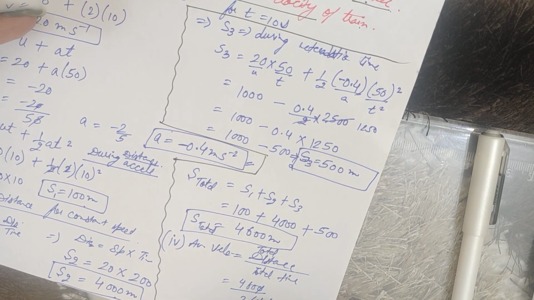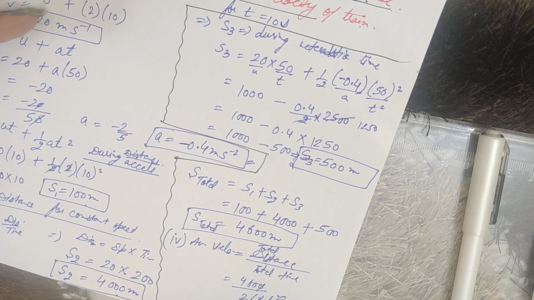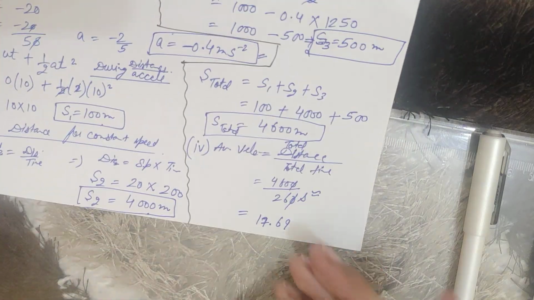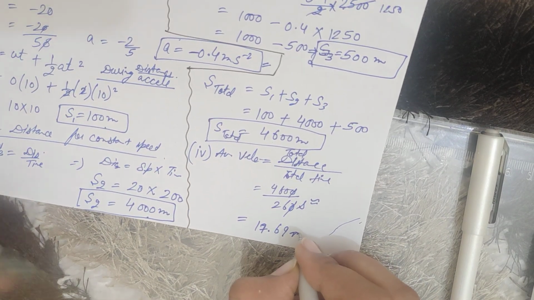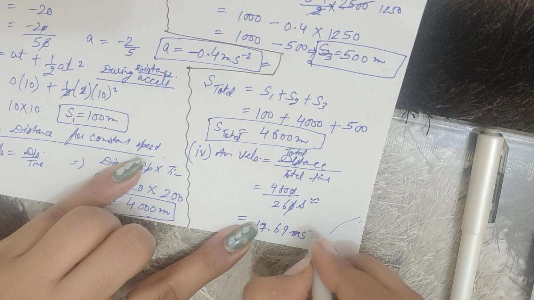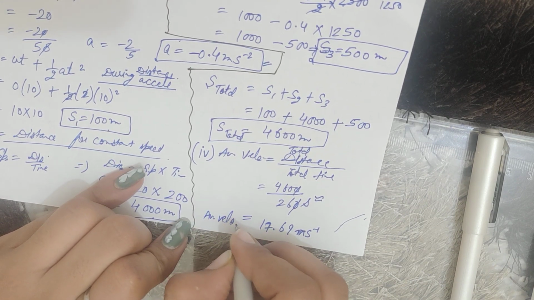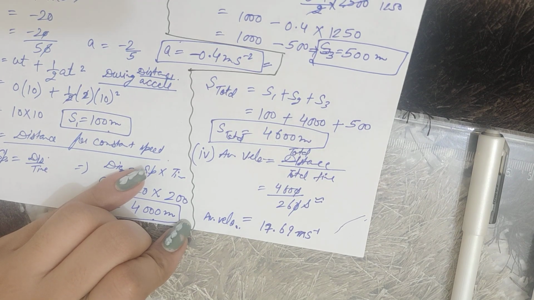After solving it, we will get an approximate value which is equal to 17.69 meter per second. That is the average velocity. So this is the answer for it.